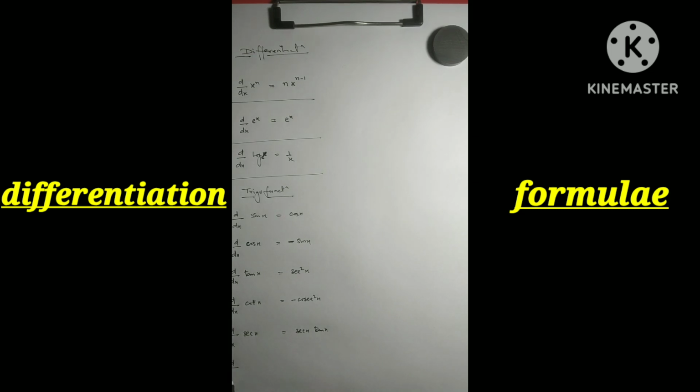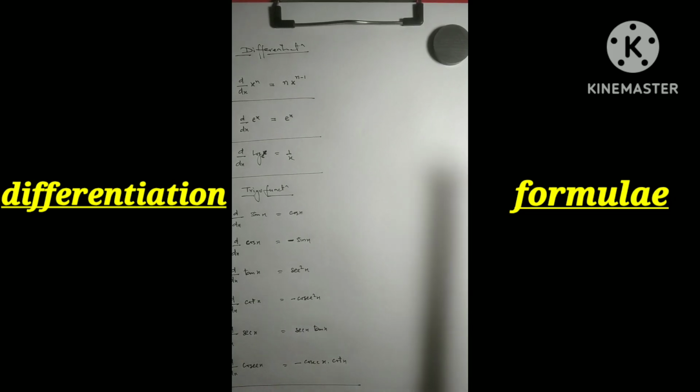D over dx of cosec x, it is minus cosec x multiplied with cot x. So these are trig functions.